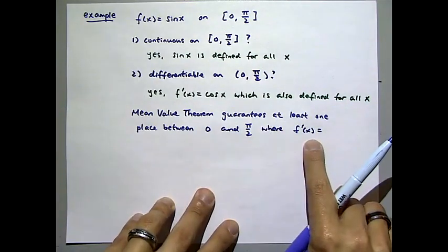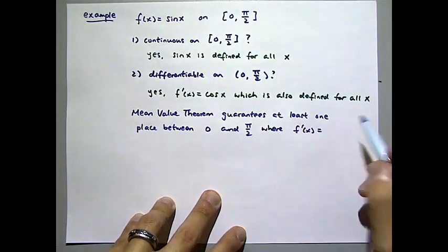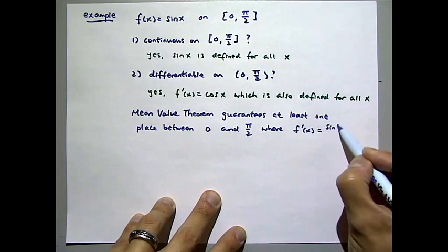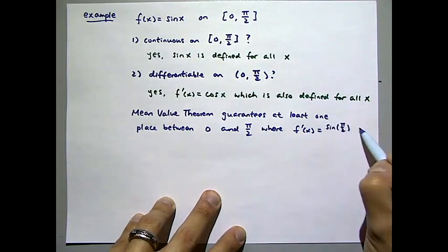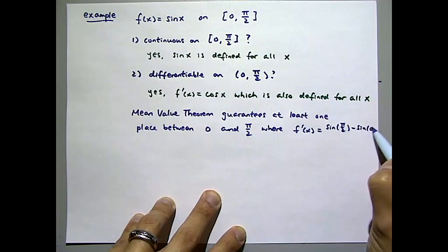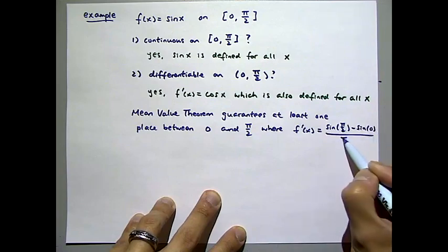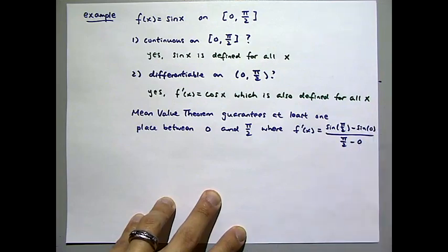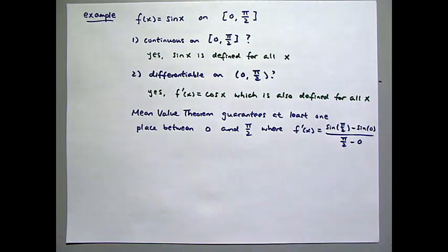Where f prime of x is equal to the secant line slope: sine at pi over 2 minus sine at 0, over pi over 2 minus 0. That's the secant line slope connecting the two endpoints.